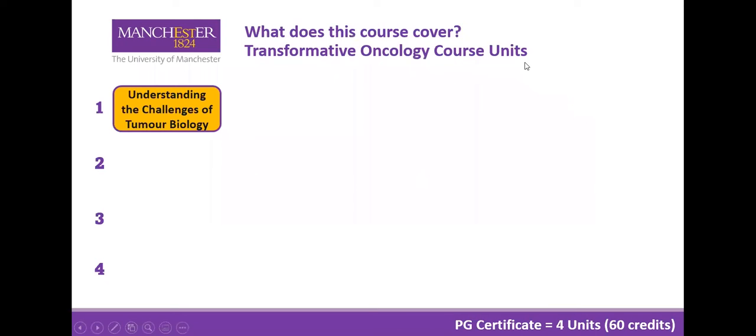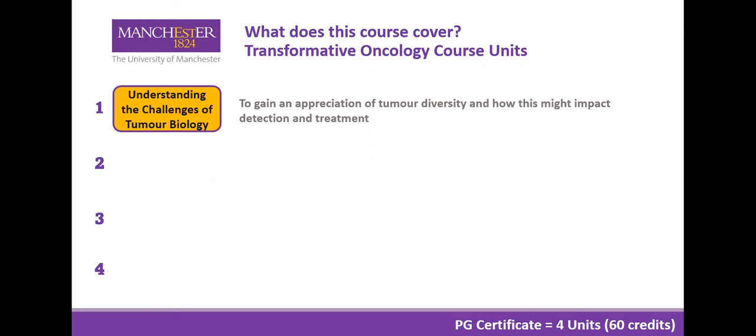So what does the course cover? The first unit is around understanding the challenges of tumour biology. And this really aims to give an appreciation of tumour diversity and how this can impact different detection and treatment strategies. The second unit focuses on cancer as an individualised disease.